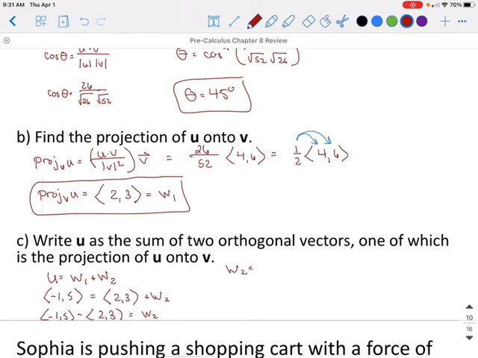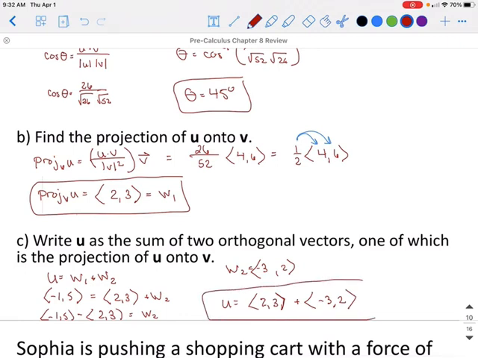So W2 is going to equal negative 1 minus 2. We're going to subtract those first components, and that's going to give me negative 3. And then we're going to have 5 minus 3, which is going to give me 2. So if we write u as the sum of W1 and W2, W1 we know is 2 and 3. And we know W2 is negative 3 and 2.